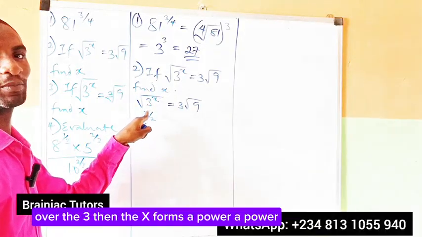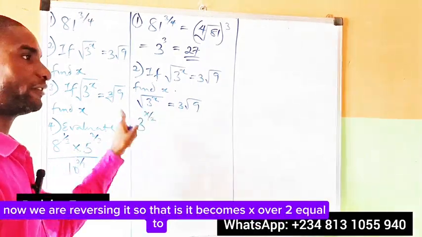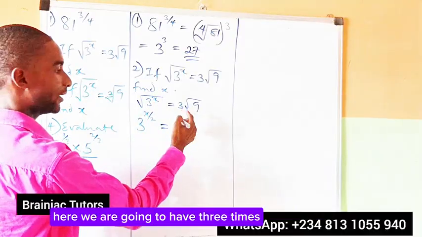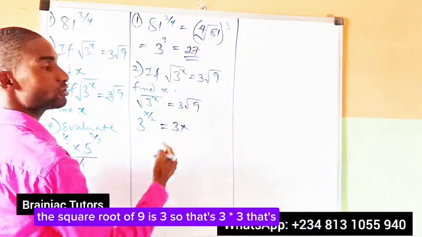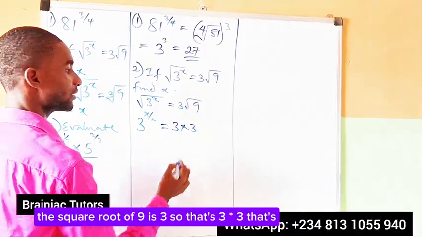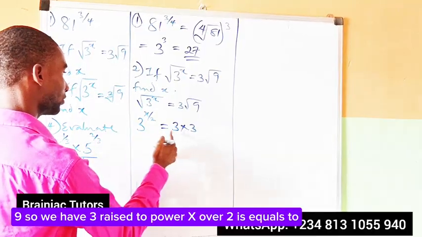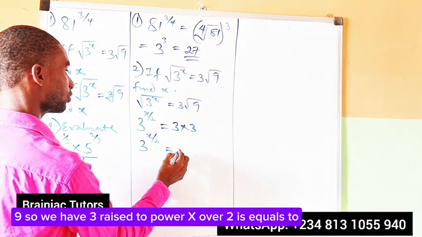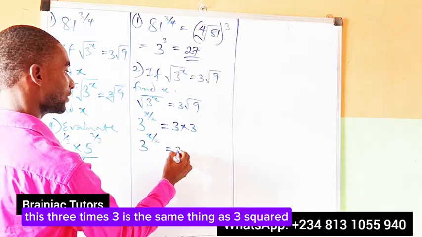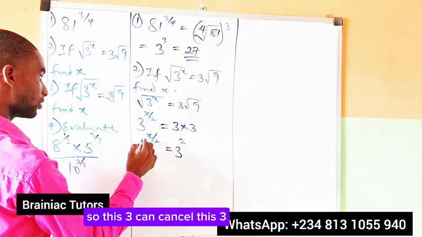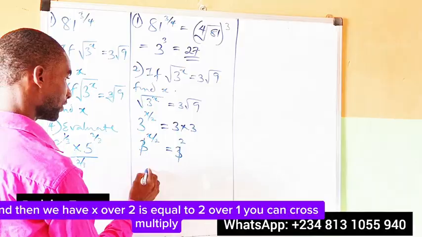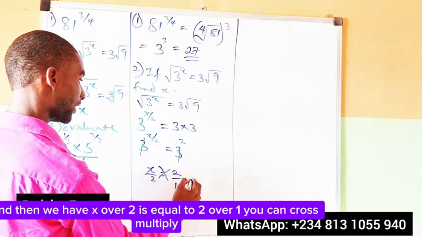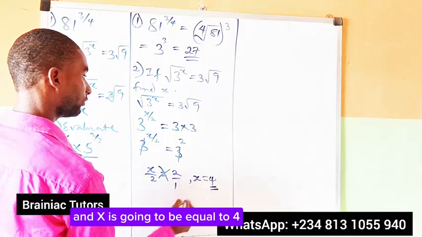Then the x forms a power. So now we are reversing it. So it becomes x over 2 equal to, here we are going to have 3 times the square root of 9, which is 3. So that's 3 times 3, that's 9. So we have 3 raised to power x over 2 equals, this 3 times 3 is the same thing as 3 squared. So this 3 can cancel this 3. And then we have x over 2 is equal to 2 over 1. We can cross multiply. Our x is going to be equal to 4.